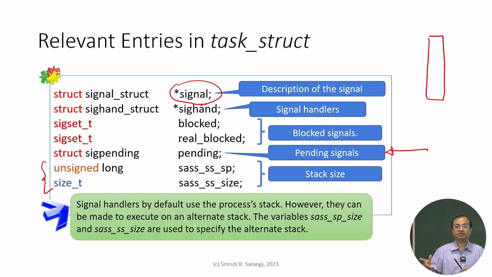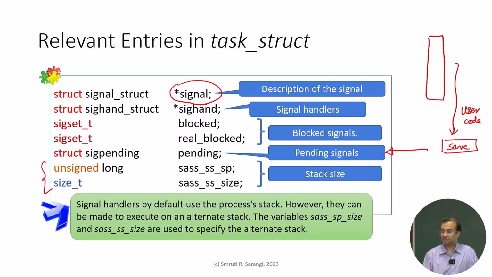So you have to do some sort of a context switch in user space. That is needed because it was doing something, it has to stop what it is doing and run the signal handler. So if it was executing user code, it will have to save the context somewhere, all right? And then it needs to execute the signal handler.